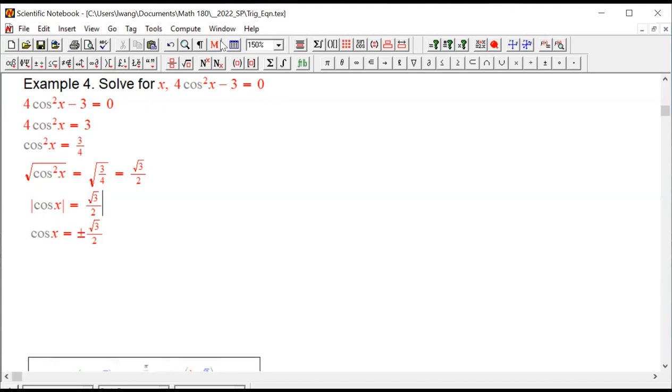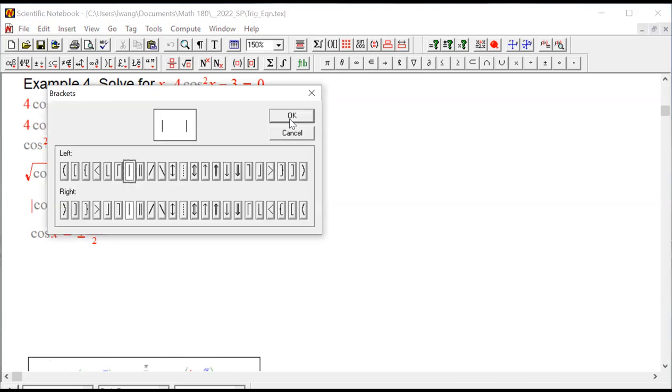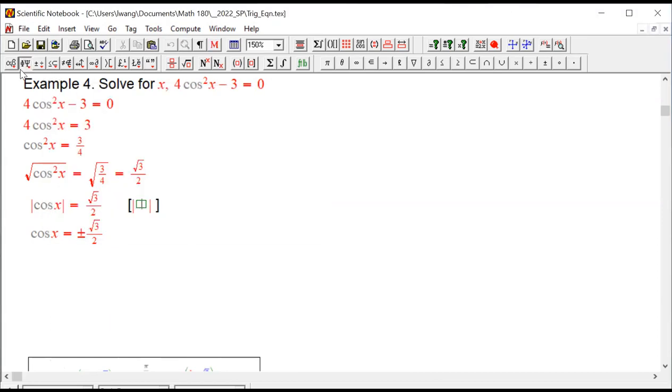Recall the model for absolute value, where we have omega equals to, say, root 3 over 2, right? So that solution would be omega equals plus minus root 3 over 2, right?